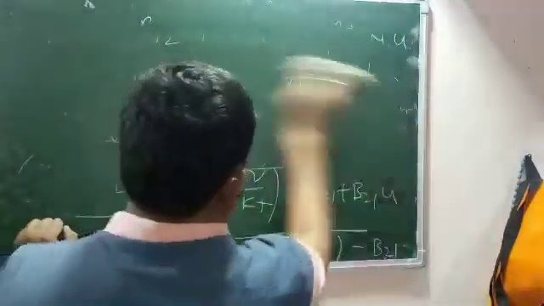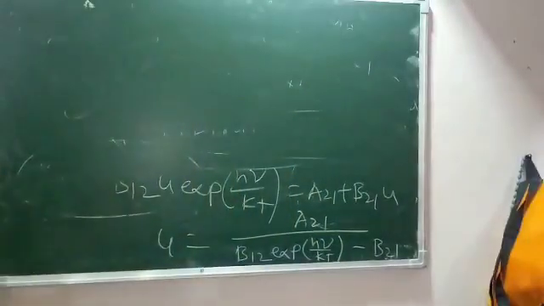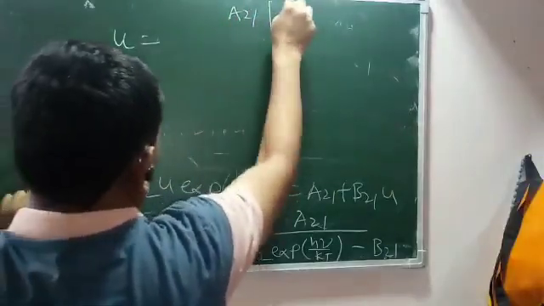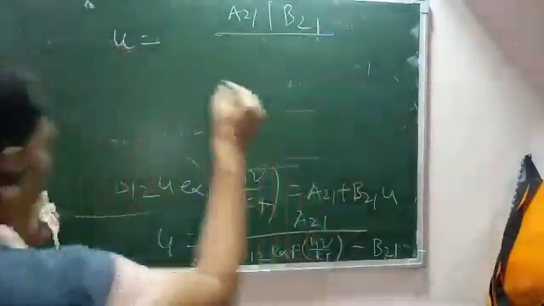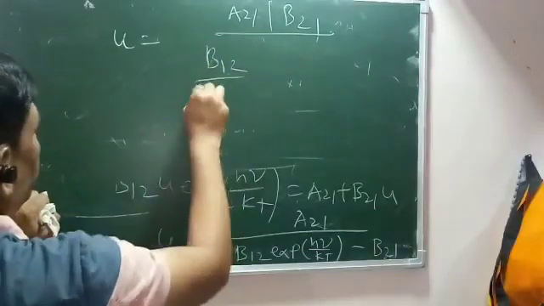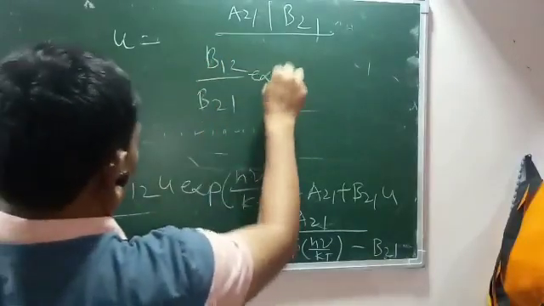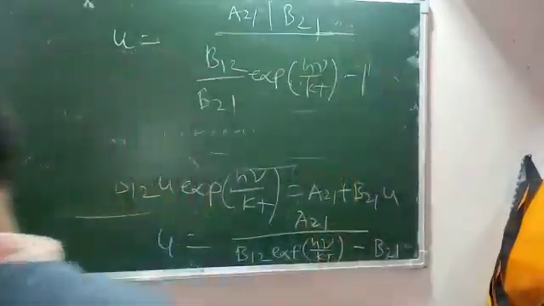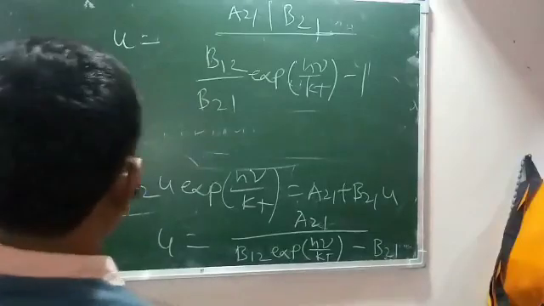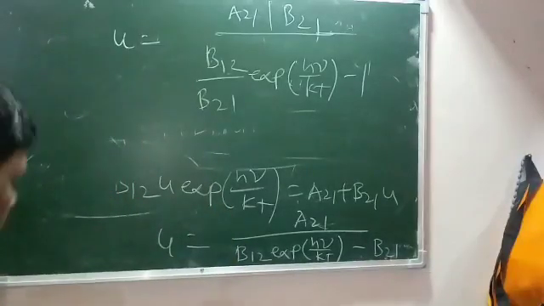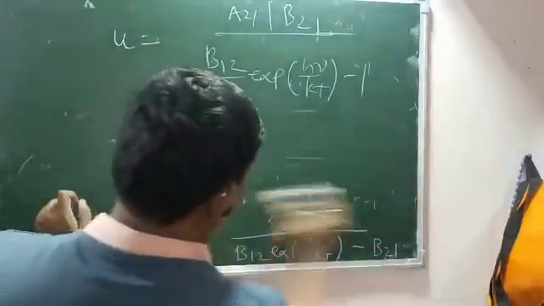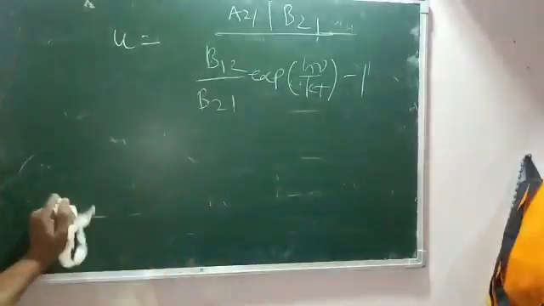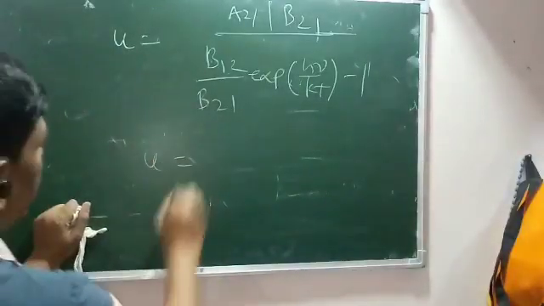Now the manipulated equation of U is A21 by B21 upon B12 upon B21 exponential of h nu by kT minus 1. This equation is similar to the Planck radiation formula, so we can compare it to the Planck radiation formula.